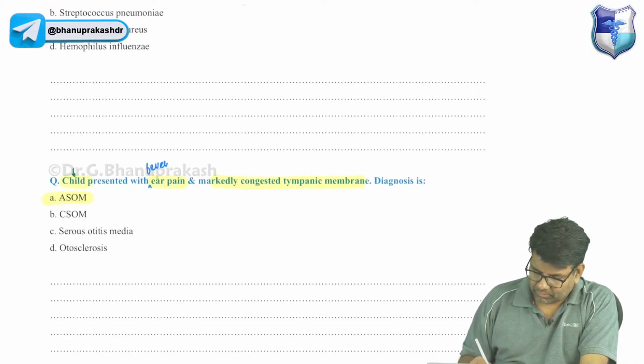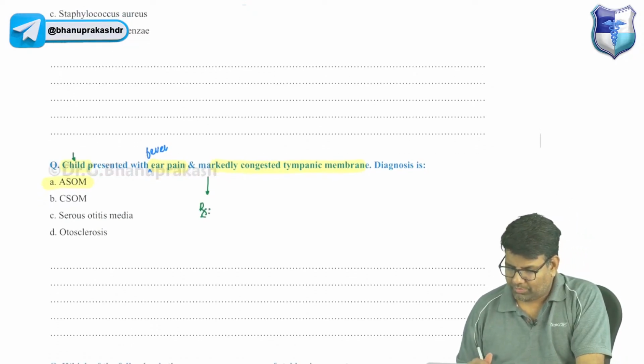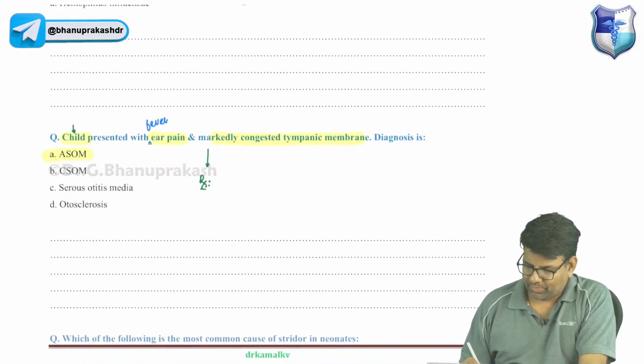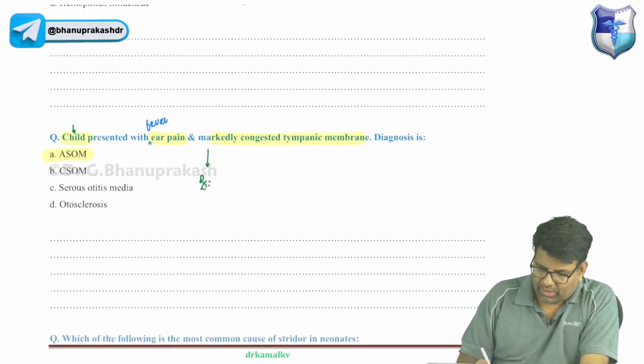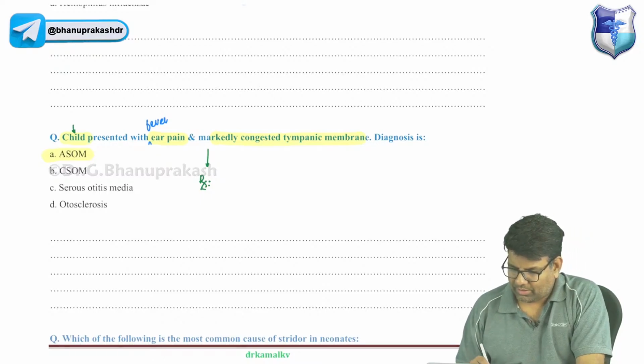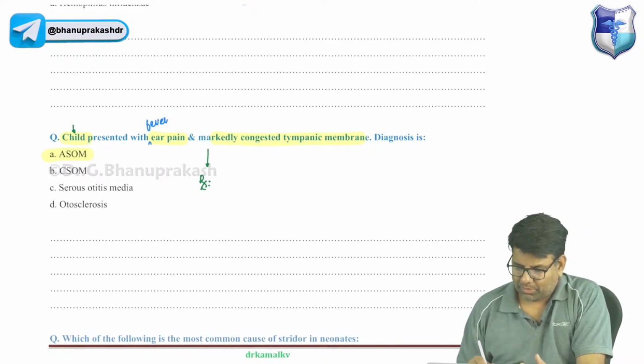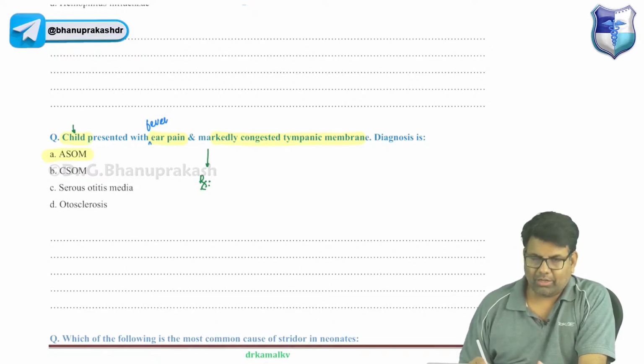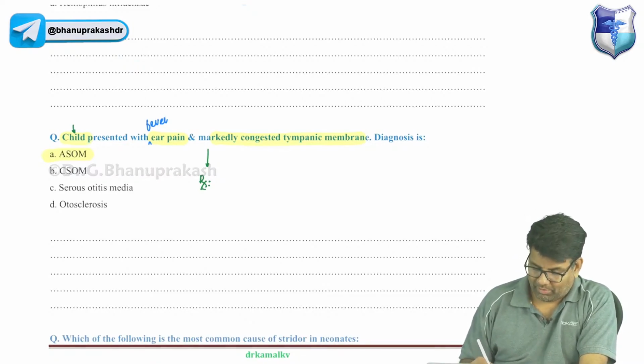And here, what you need to do for ASOM? See, whenever there is pus formation, antibiotics will be given, yes, no doubt. But if there is pus formation and if you don't drain it, it will come out automatically after rupturing the tympanic membrane. So what you need to do?